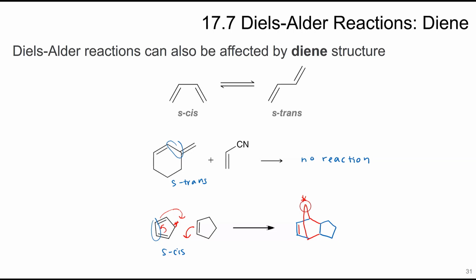It is a little bit tricky to see, but this carbon here that's up is this guy right here. So Diels-Alder cannot react with the S-trans. C1 and C4 are too far apart. Cyclopentadiene is so reactive here that at room temperature the 2 molecules will react together.